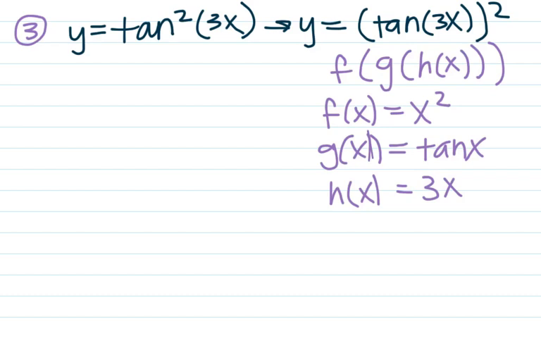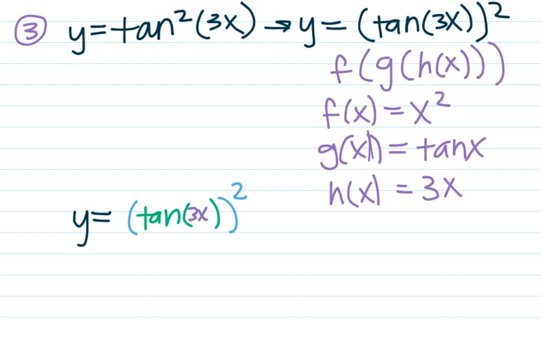So let's give this a shot. Alright, and this is one I might actually rewrite in color just to make it a little bit easier to follow. So I'm going to rewrite the original problem as this outer function squared, and then this tangent function with the 3x inside.